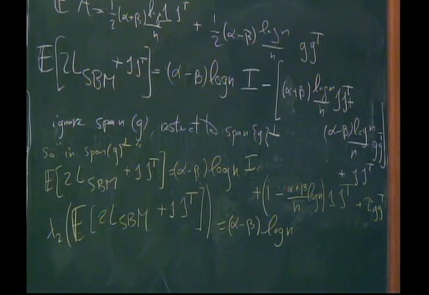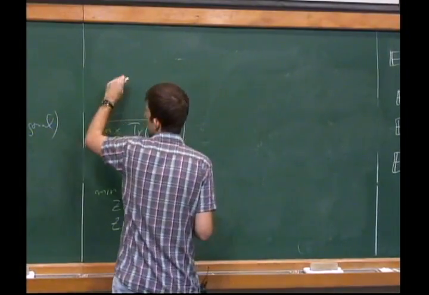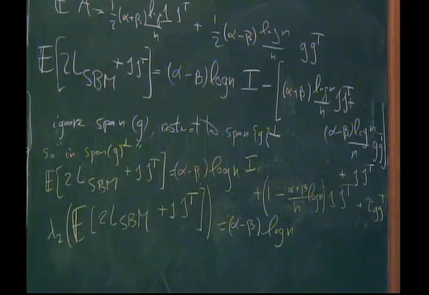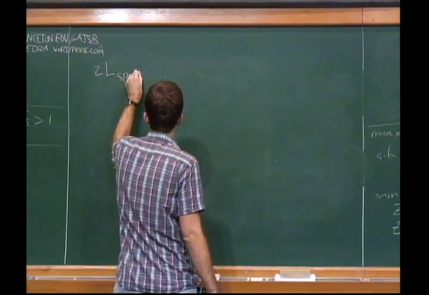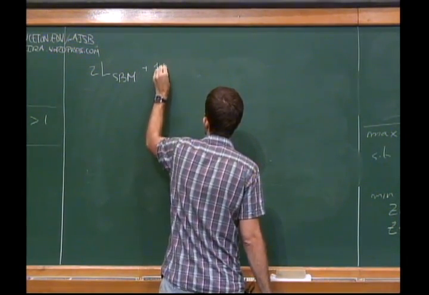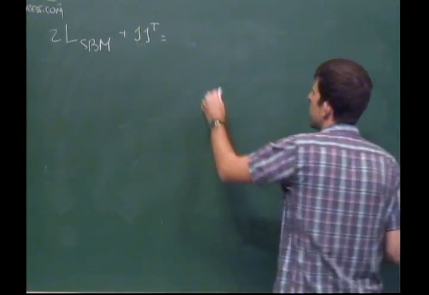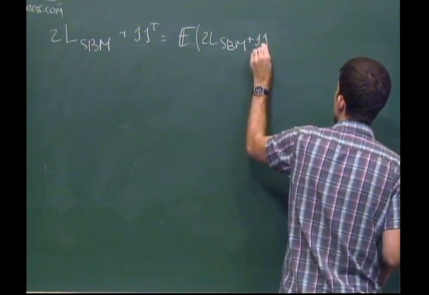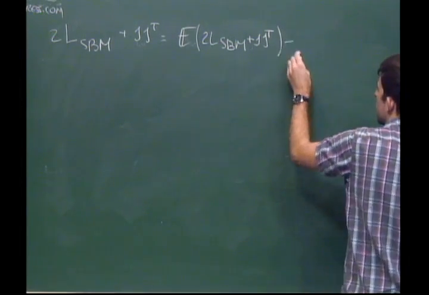Okay? So this means in particular that, so let me go back here. Okay. I can erase this part too. Okay, so I can rewrite this as, well, the expectation of it minus the fluctuations, or plus the fluctuations, right?